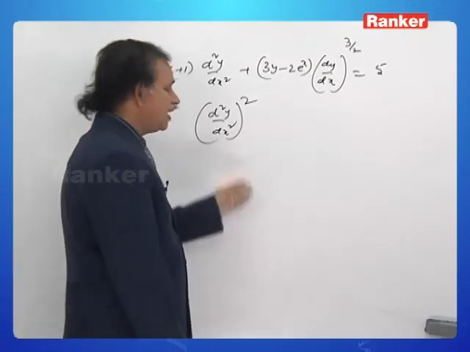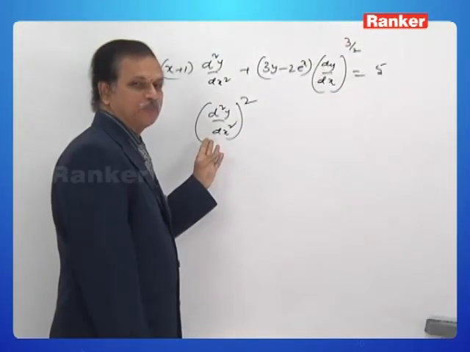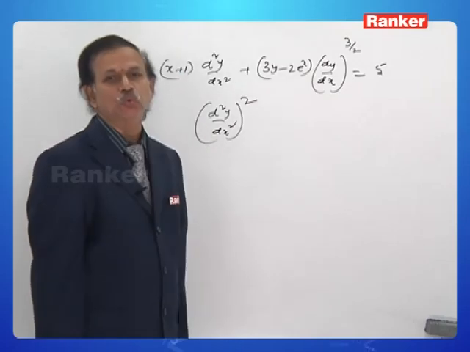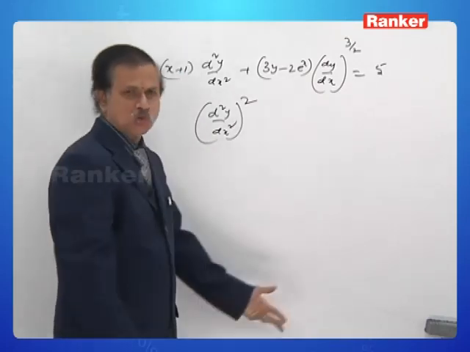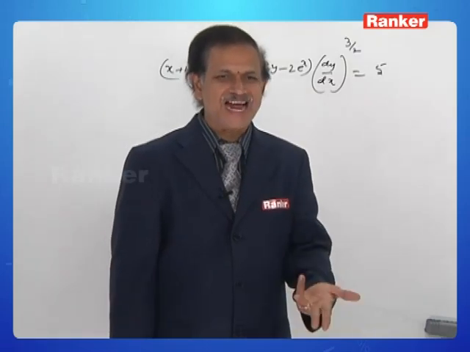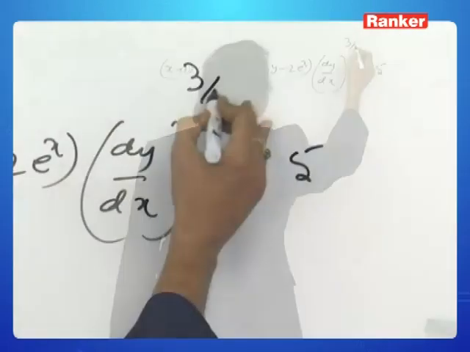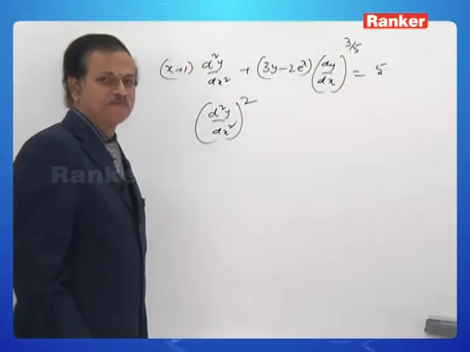Why? Because the largest ordered derivative is expressed with the exponent 2. The largest exponent, of course. So the answer is, it is of second order and second degree. Suppose this exponent is 3 by 5, whole to the power of 3 by 5.